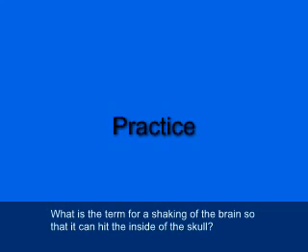Okay, we've covered quite a few terms already, so I'd say now it's time for some practice. What is the term for a shaking of the brain so that it can hit the inside of the skull? That's a concussion. C-O-N-C-U-S-S-I-O-N.